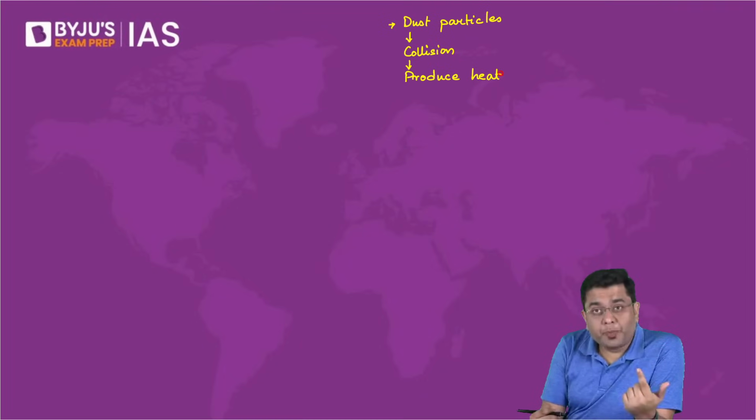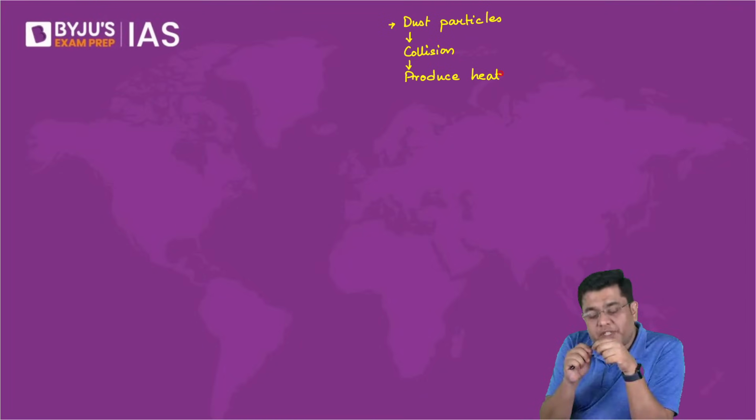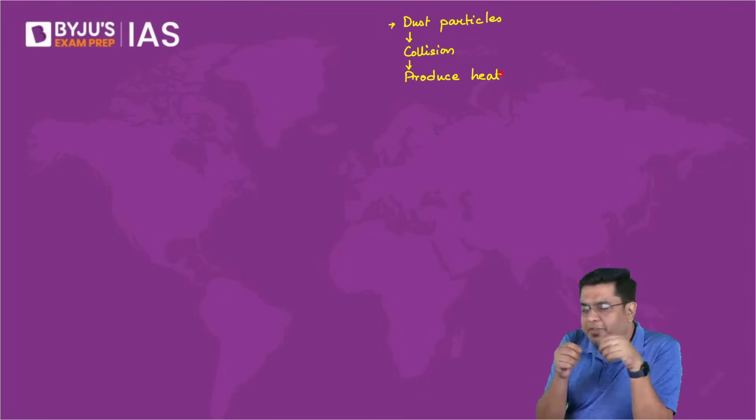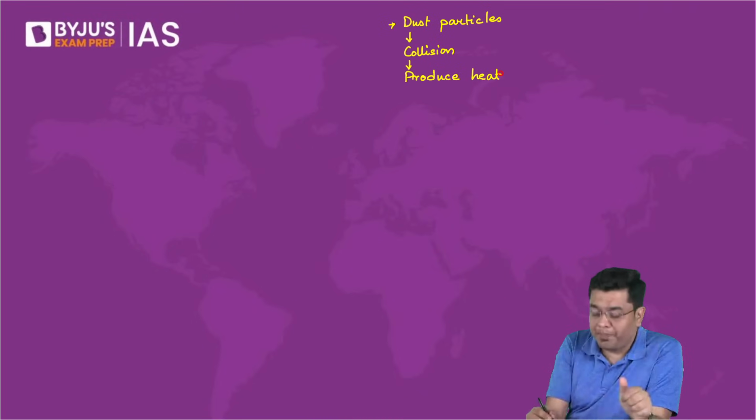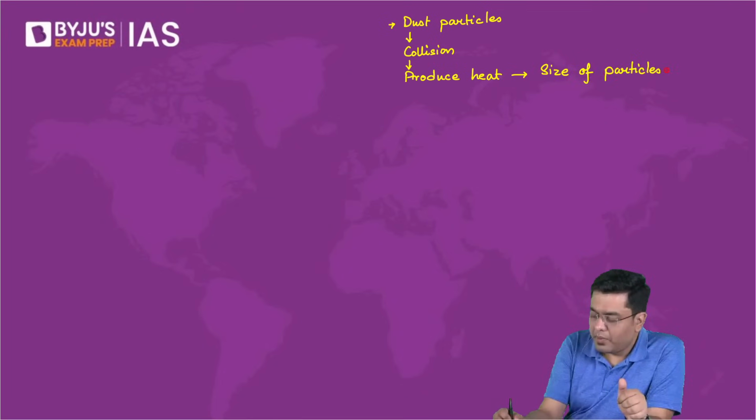Due to the heat produced, the materials would start sticking together, because anything which is hot, materials tend to stick to that because it gets molten. So, size of the particles would increase.